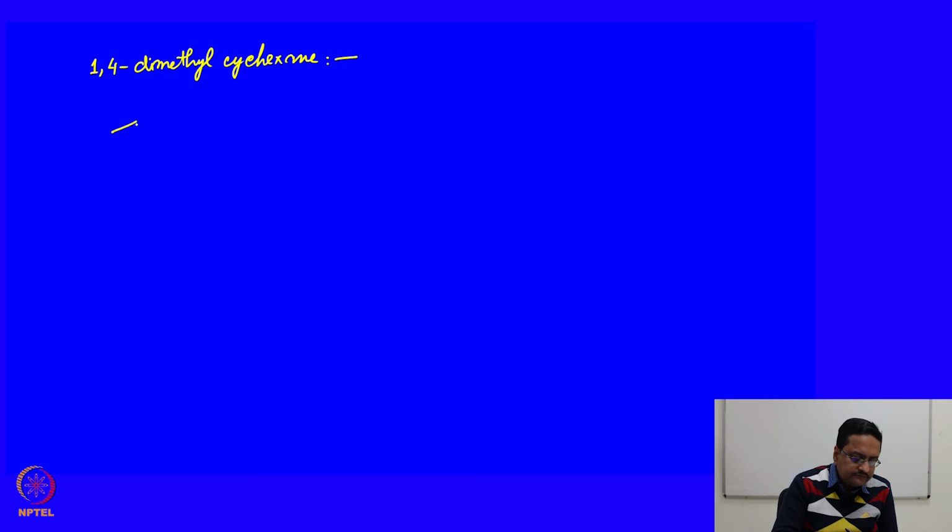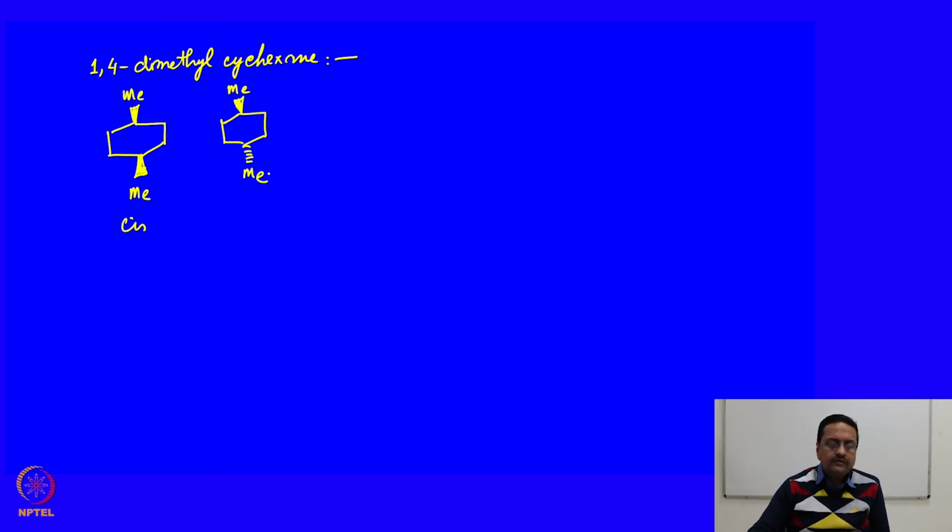So, in the planar structure, if we draw dimethyl cyclohexane in the cis isomer, or dimethyl cyclohexane in the planar form, if we draw the trans isomer, what do we see?